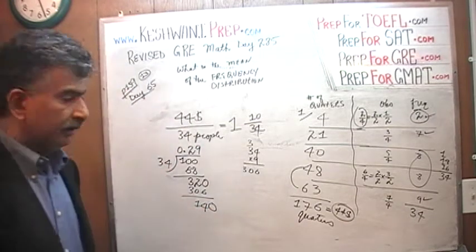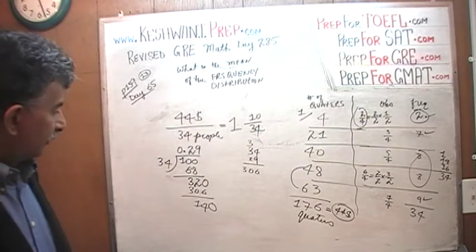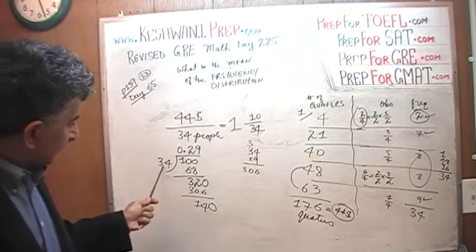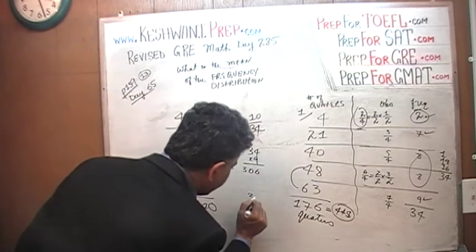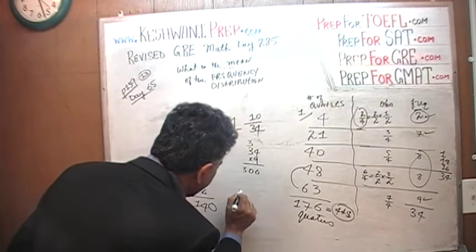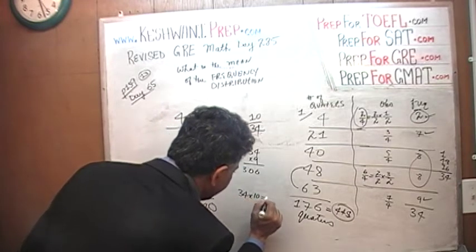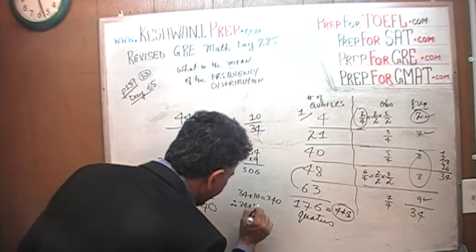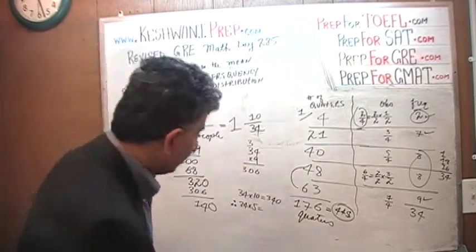Let's stick a 0 there, and we should realize that 34 times 10 is 340. Therefore 34 times 5 would be half of 340, which is 170.